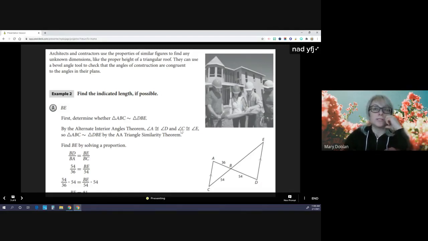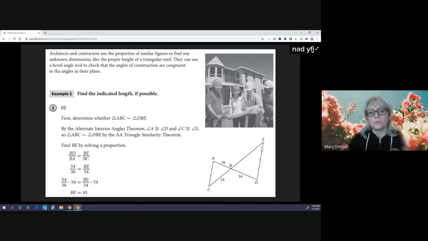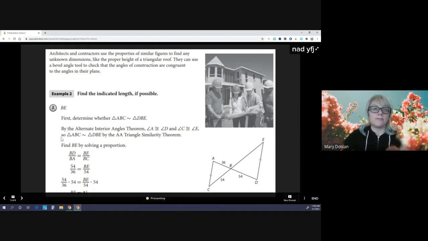And also angle C is congruent to angle E. So angle C and angle E are another pair of alternate interior angles that are congruent. So right there, we now know we have two pairs of congruent angles. That is enough information for us to say that by the angle-angle triangle similarity theorem, the two triangles we're comparing are in fact similar.